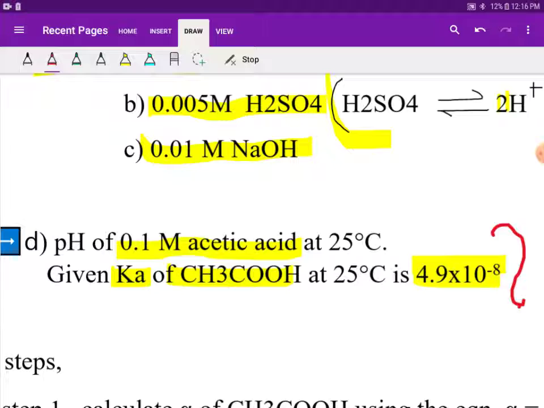It's a problem involving 3 steps. You cannot directly take the pH of this system because it's a weak acid.